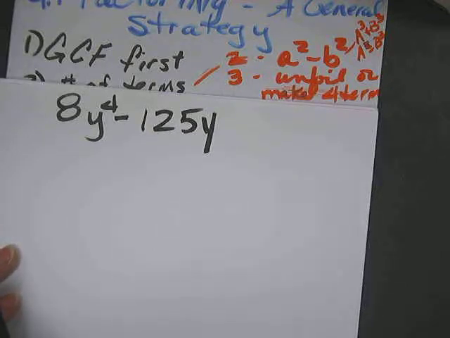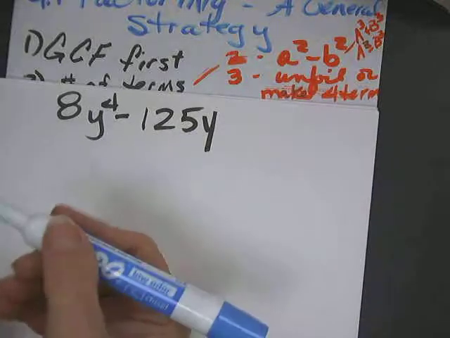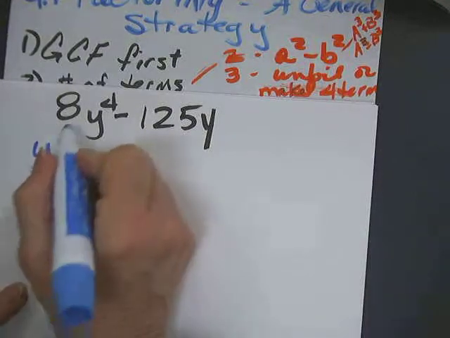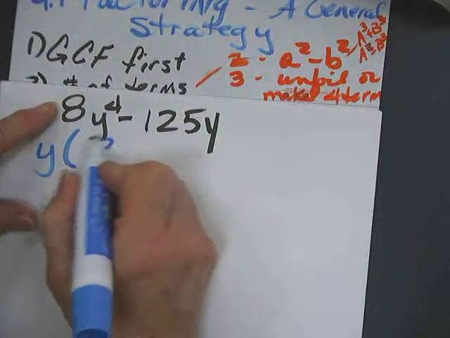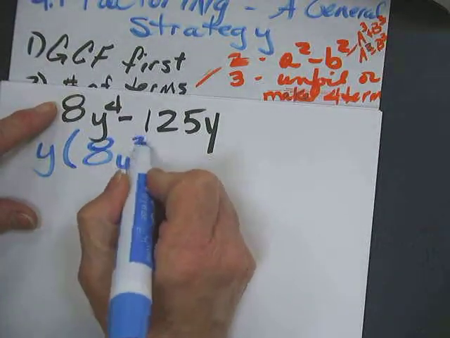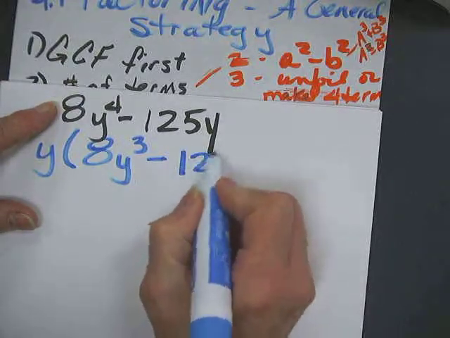Another one of this, and then we'll go to the next section. Everybody done writing? Eight y to the 4th minus 125 y. There we get a cube.